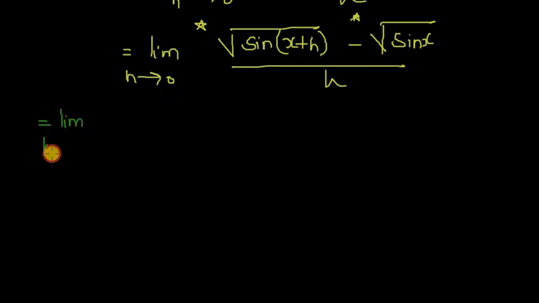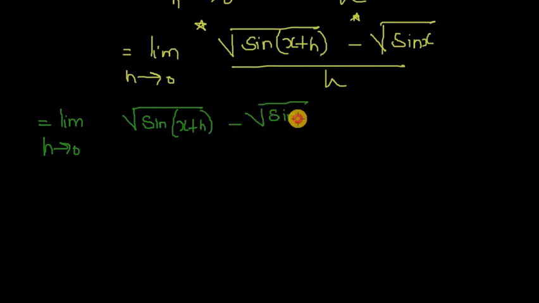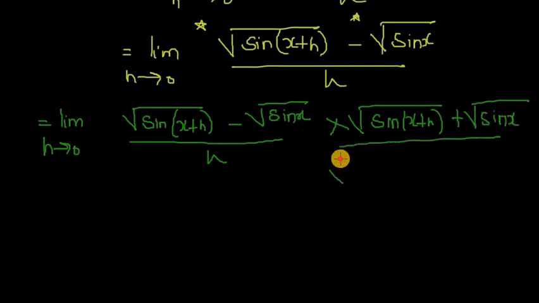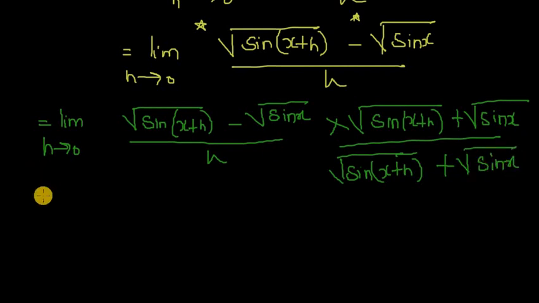Limit h tending to 0, first we'll write the given thing, root sine x plus h minus square root of sine x whole thing divided by h. Just multiply this with root sine x plus h plus root sine x. Divide this by root sine x plus h plus root sine x. Okay. Divide and multiply with the same thing.